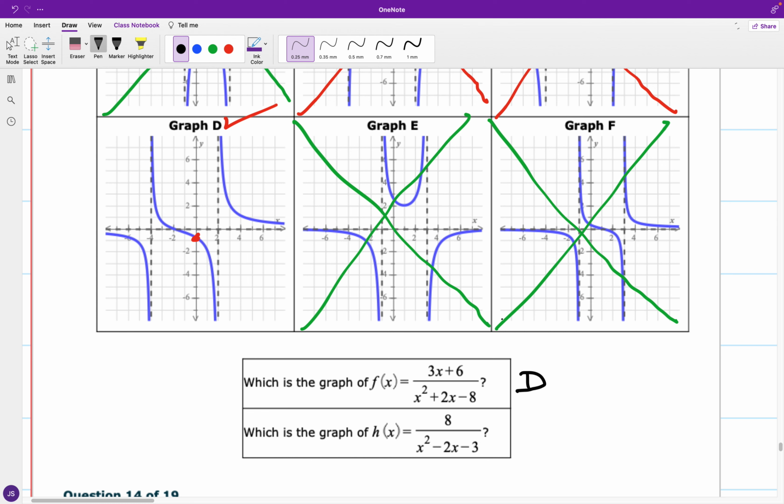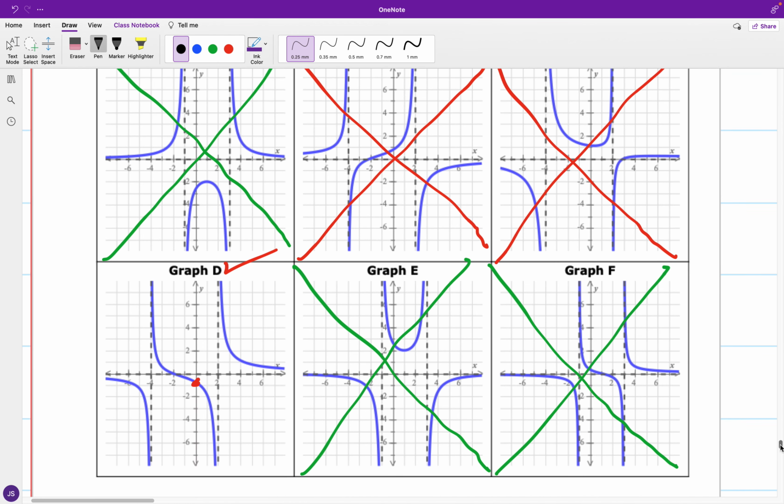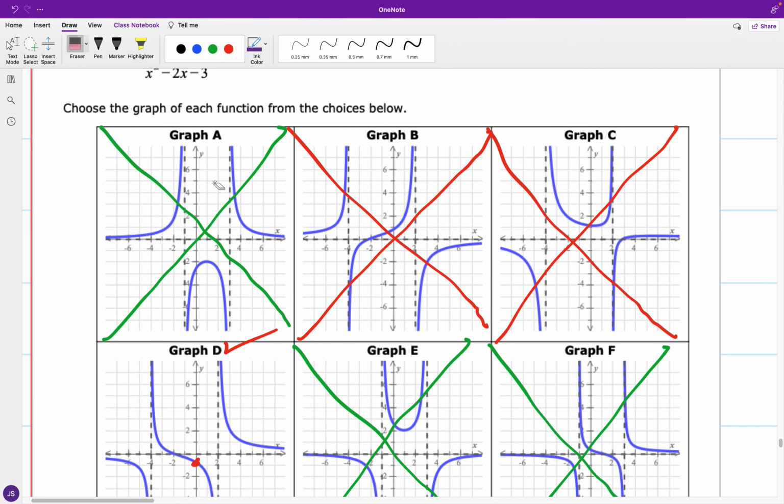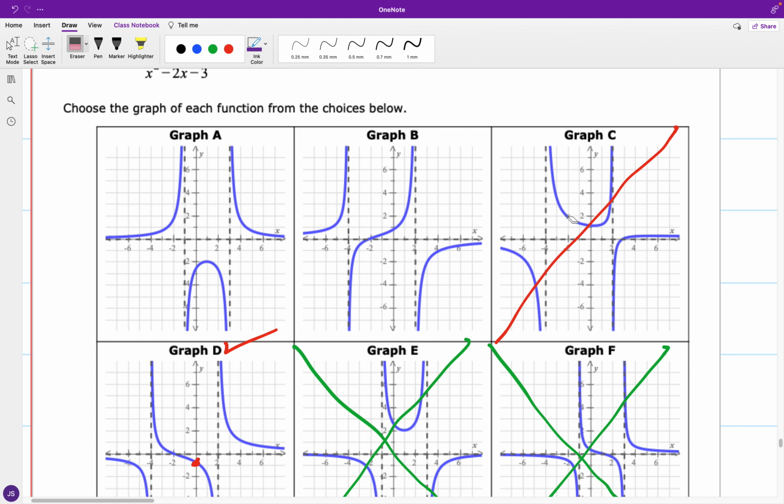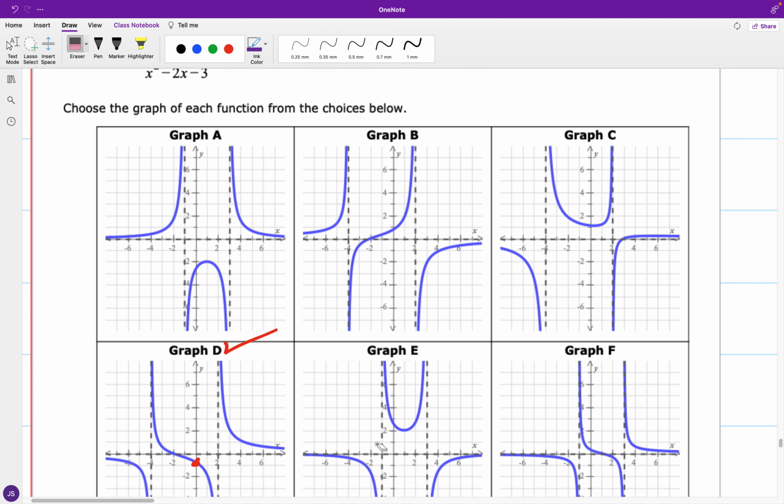Right. Now, for the case of h of x, we have 8 over x squared minus 2x minus 3. So, just hitting the reset button, since we're examining these graphs: D is for f of x.